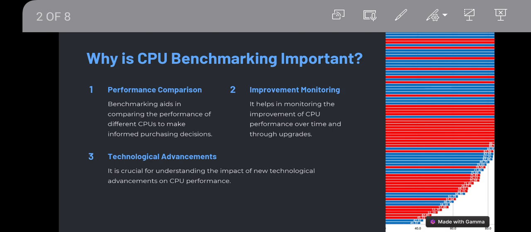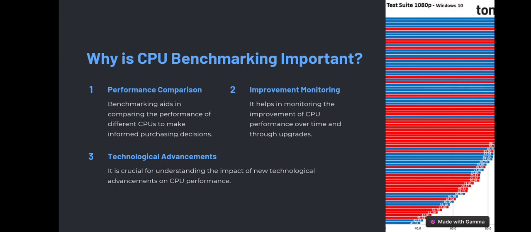We can also see technological advancement, like improving the number of cores in the system, or the number of logical transistors. So basically, we do benchmarking to check the performance and to compare various CPUs and know how they are performing against each other.